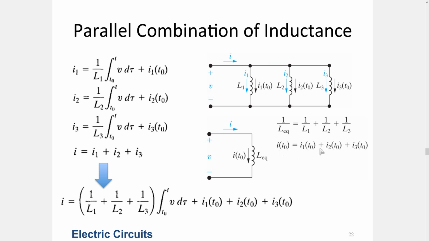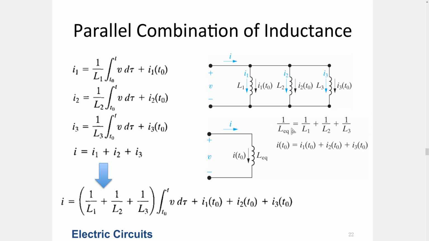So what we have obtained here is that when we create a parallel connection of inductors, we add the reciprocals of the inductors, and we obtain the reciprocal of the equivalent inductor.